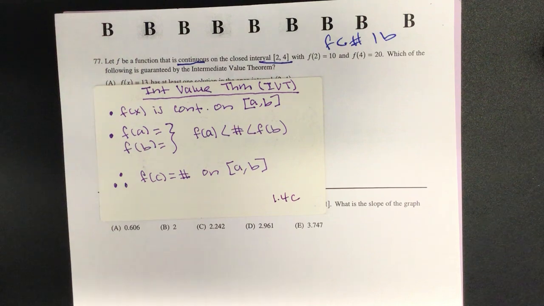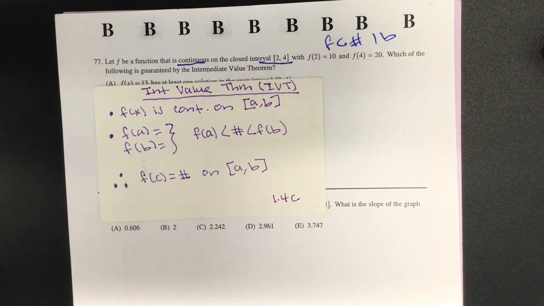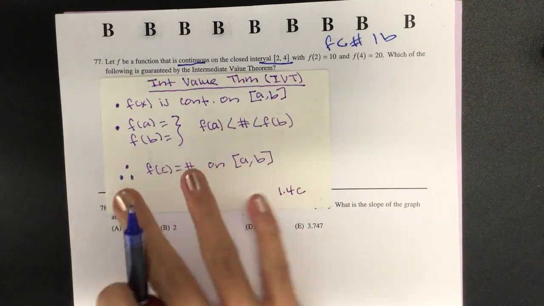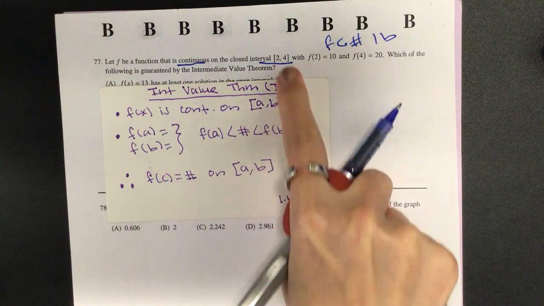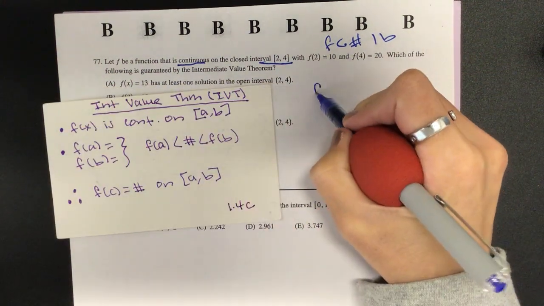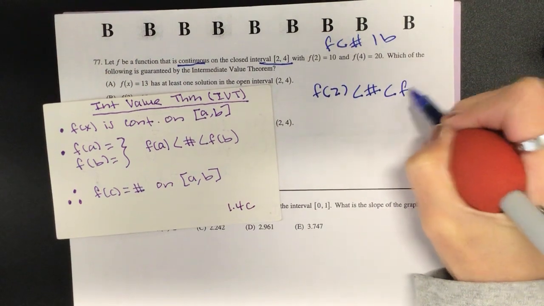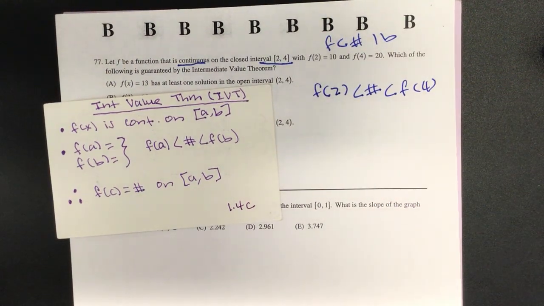I can show you visually, but I'm going to show you first by the theorem. If that didn't make sense, I'll go ahead and give you the visual. If I mimic what's happening right here, my a to b is 2 to 4. So I'm going to write f of 2 is less than a number, less than f of 4. That is strictly from the flashcard.